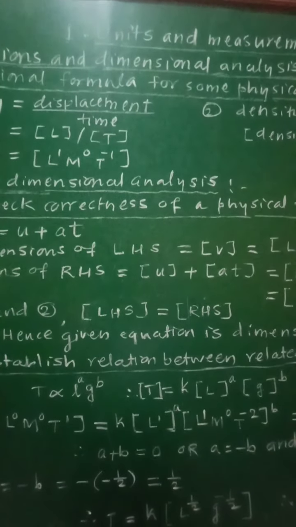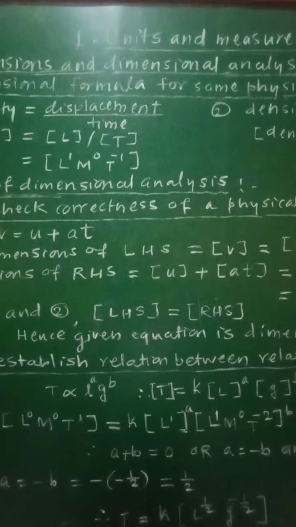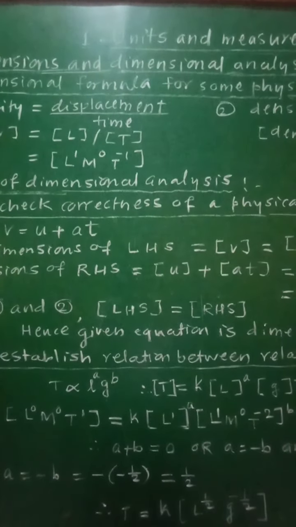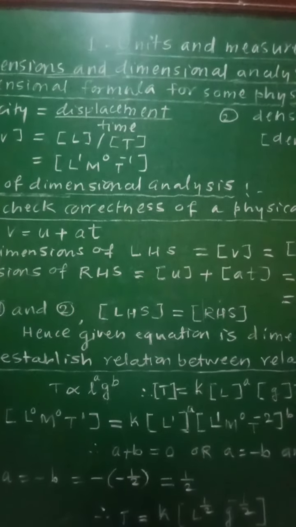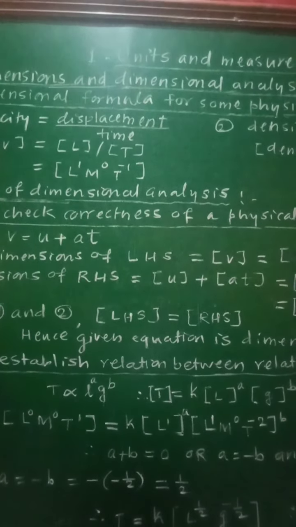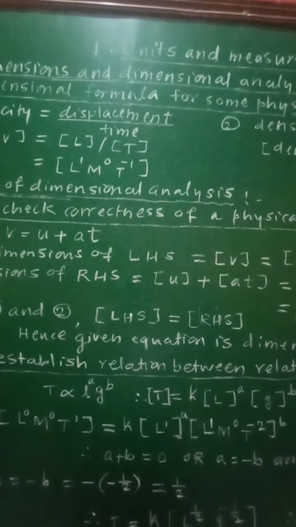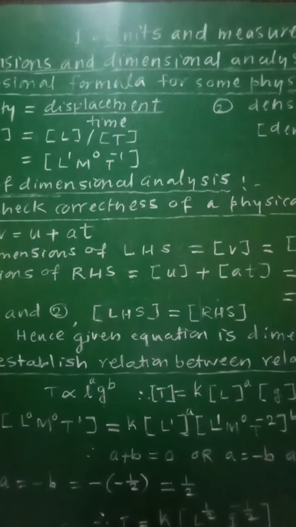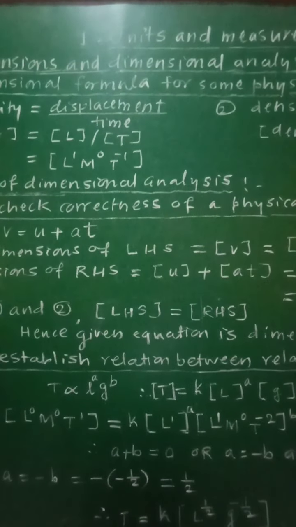We know that a derived physical quantity can be expressed in terms of some combination of 7 basic or fundamental quantities. The basic quantities are represented by the symbols capital L for length, capital M for mass, capital T for time, K for temperature, I for current, C for luminous intensity, and mol, that is MOL, for amount of substance.